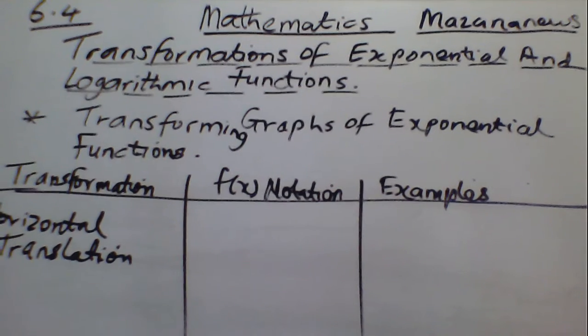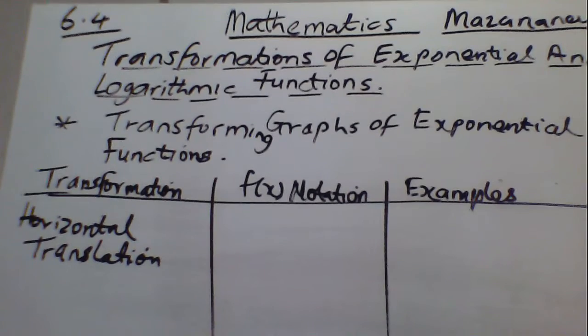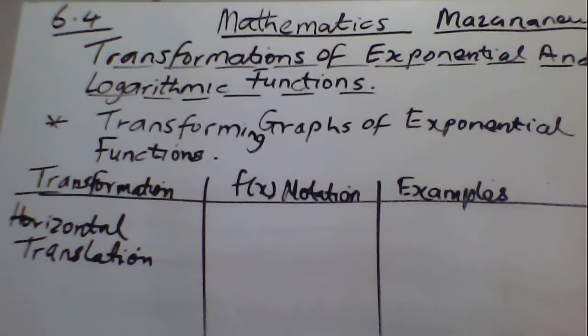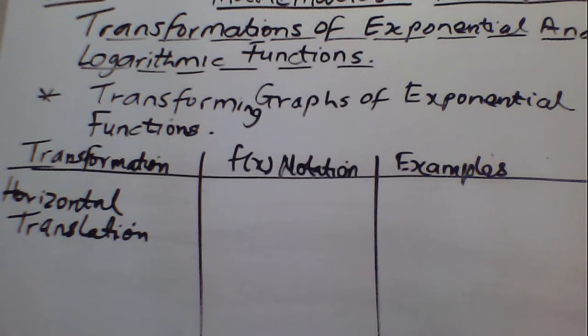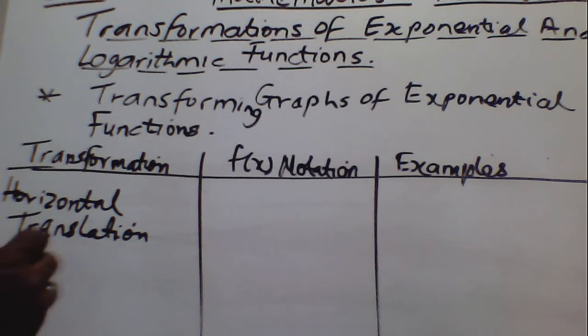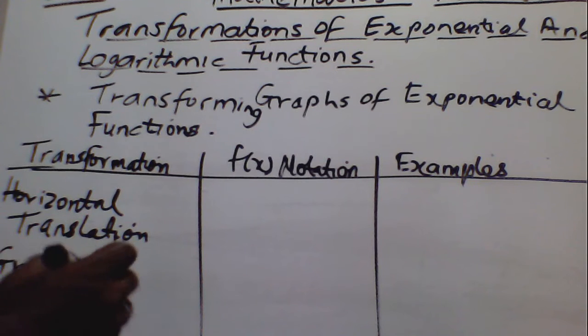If we are treating horizontal translation, when the graph translates horizontally from the parent graph, the graph shifts left or right.